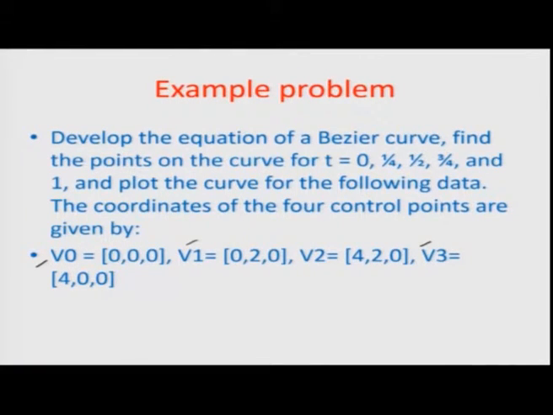We want to develop the Bezier curve equation keeping these control points in view and also fit the curve for values of t equal to 0, 1/4, half, 3/4 and 1 and plot the curve. It is like a complete treatment, as we did in case of Hermite, for the Bezier function. So, we want to start this curve plotting exercise from the equation of the Bezier curve.